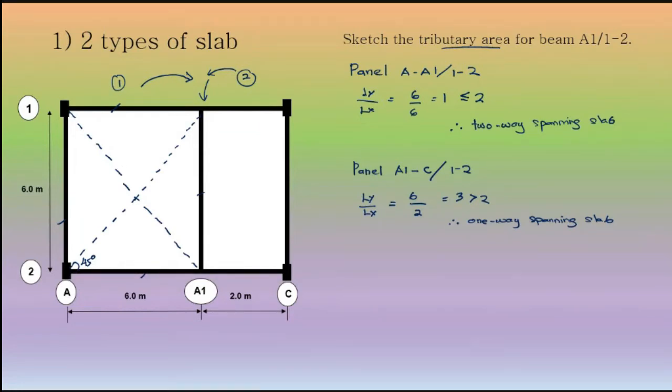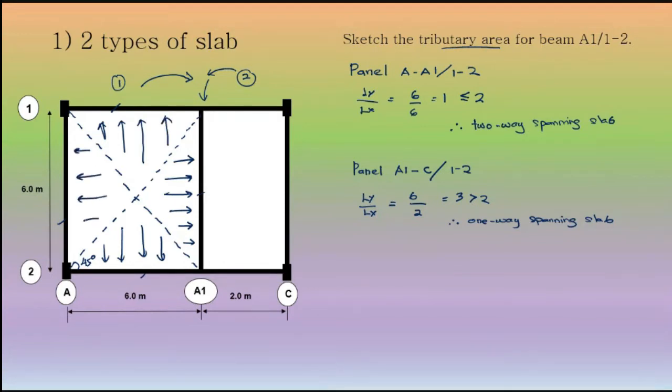Okay. So you kena lukis arrow. Ingat tau, kena lukis arrow what for to show the load parts from slab to the beam. See, each beam akan support load from the slab. Just draw the arrow like this. Okay, ingat ini untuk square slab.